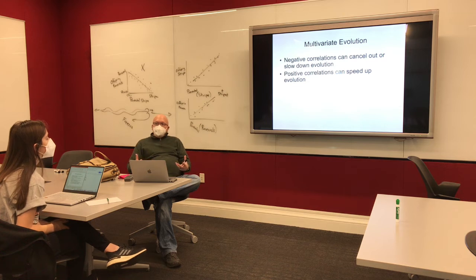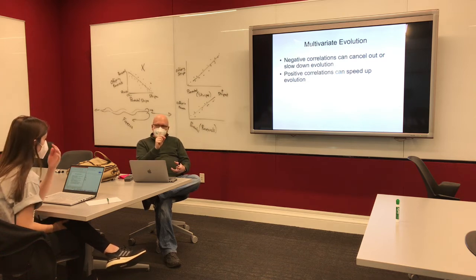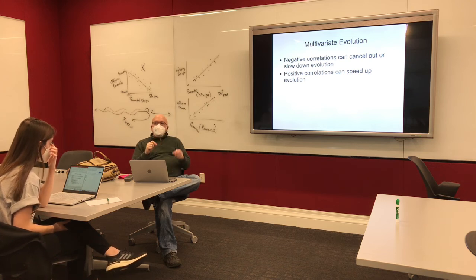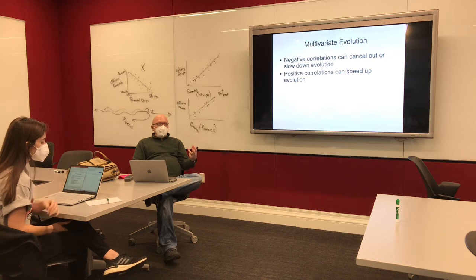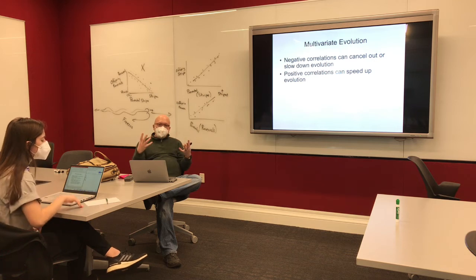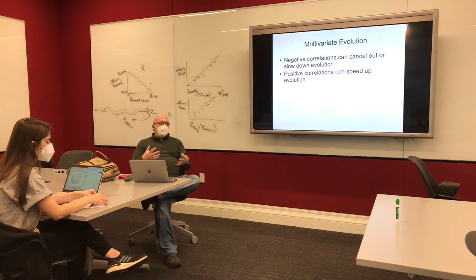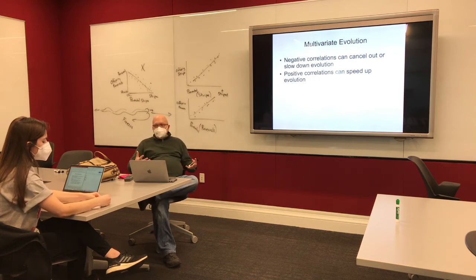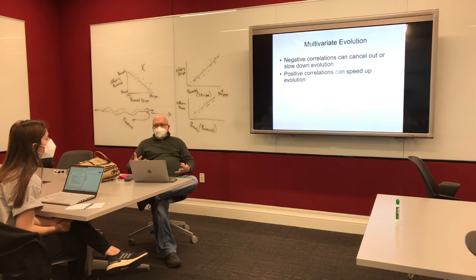And so while you might observe selection acting on one particular trait in a particular way, it may not evolve that way because it may be correlated with something else that is under stronger selection. And so you have to start to think about these organisms that are out there on a landscape behaving as a combination of lots of traits that are all put together in this one single individual.